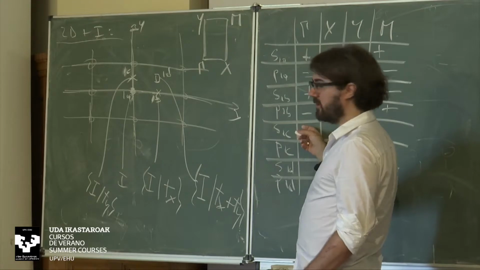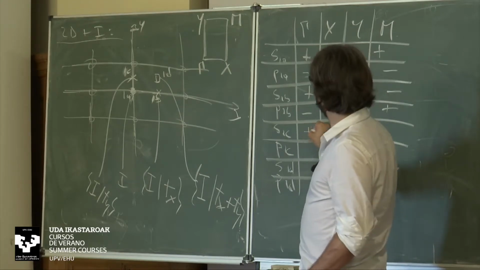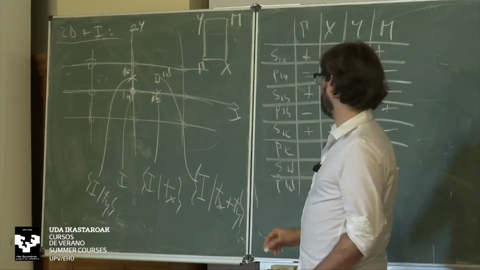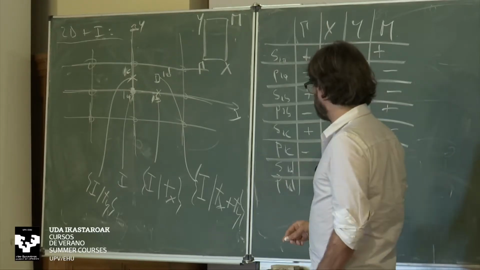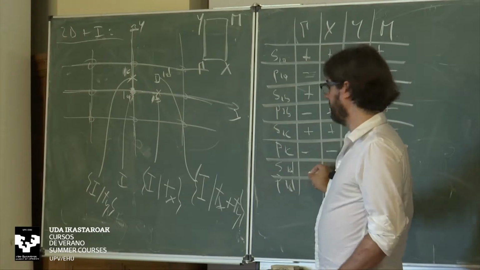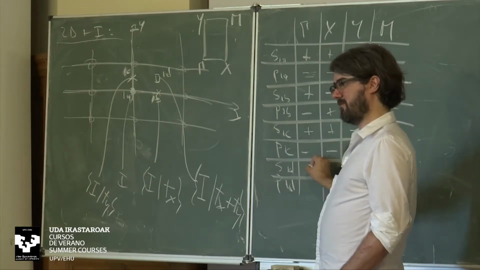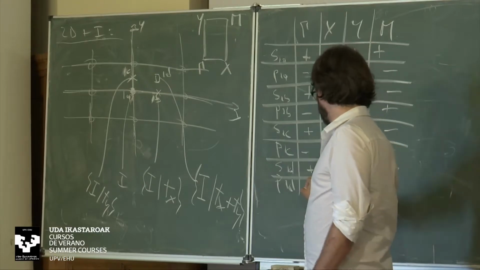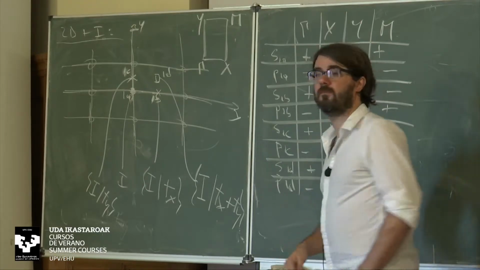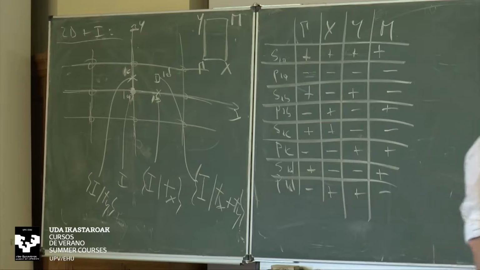What's s at 1c? Very good. The p at 1c is just the opposite of this one. What's s at 1d? Very good. Okay. Now you have all the atomic limits.